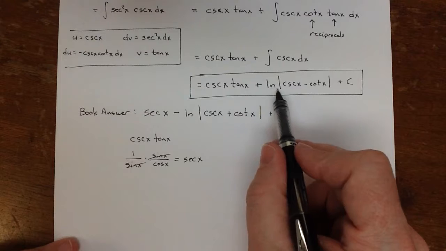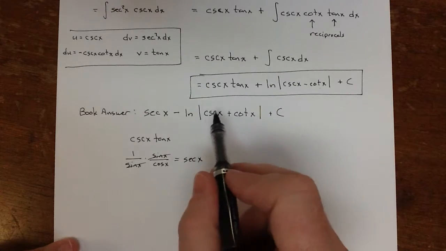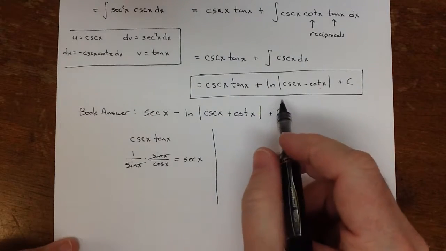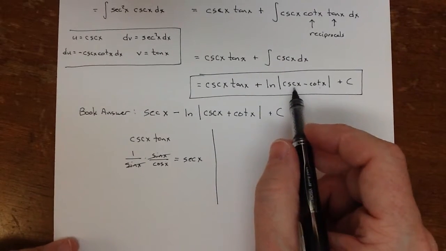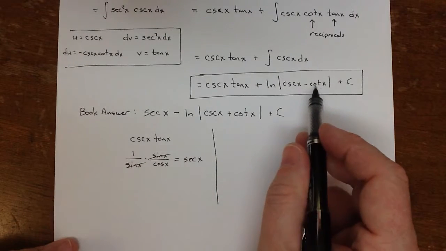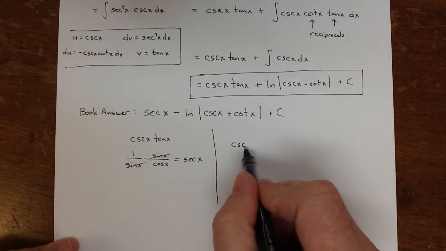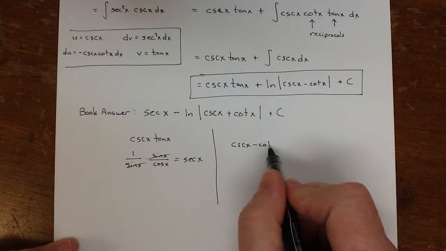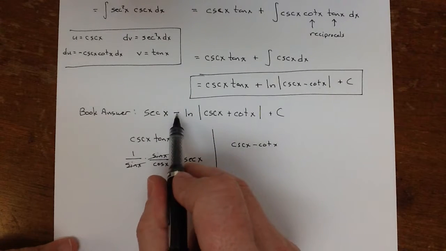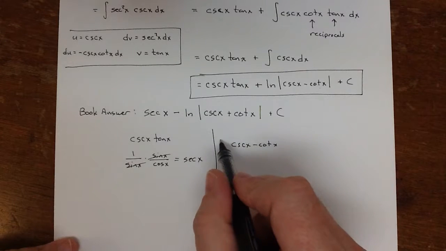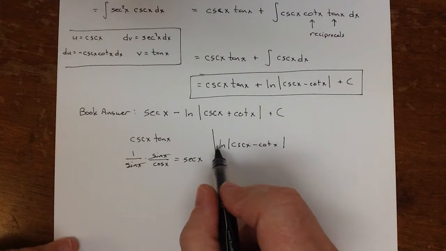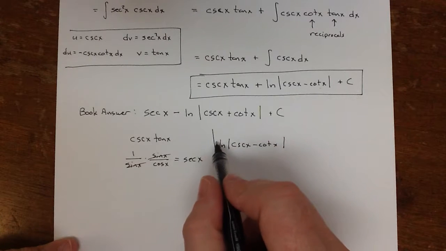Now we've got to show that this and this are equivalent. So let's look at that. If we take cosecant x minus cotan x, notice there's also the sign here. If I'm looking at natural log of this was positive.